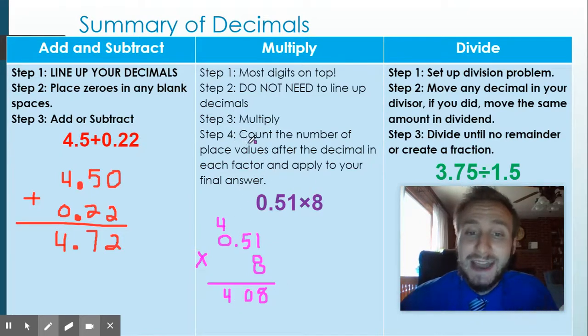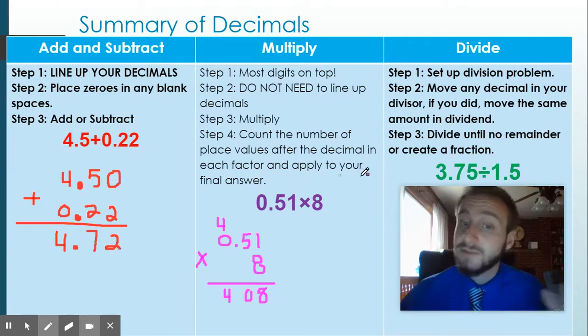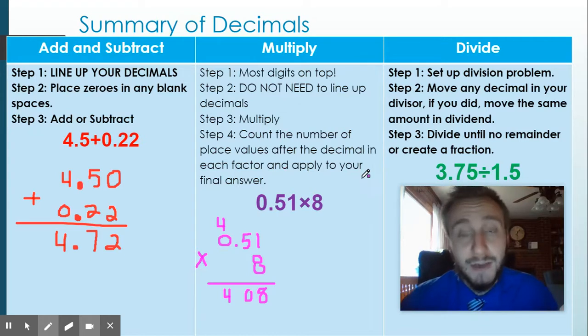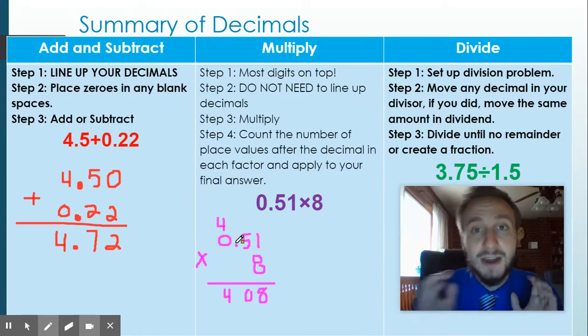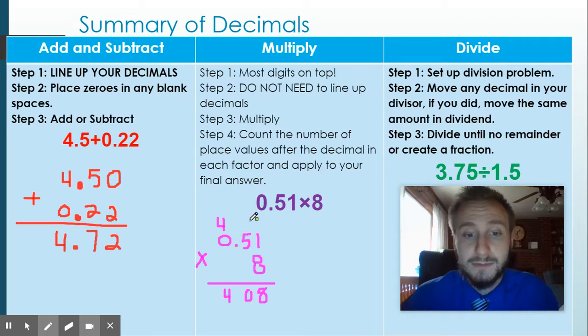Step 4 says count the number of place values after the decimal in each factor and apply that to your final answer. So what that means is you want to look at both of these numbers, okay? You want to see how many place values are after the decimals. So in this factor, here's my decimal. How many numbers are after it? 1, 2.